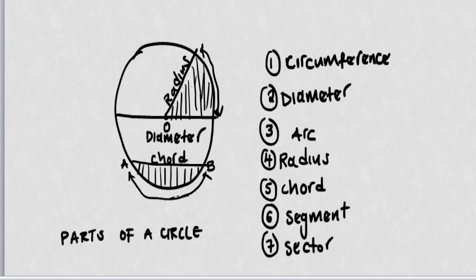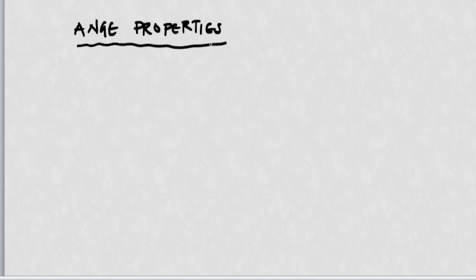So now in angle properties, we're going to look at some properties that will be very helpful in answering questions on circle theorems. These will be very important. You can call them properties or you can call them theorems.